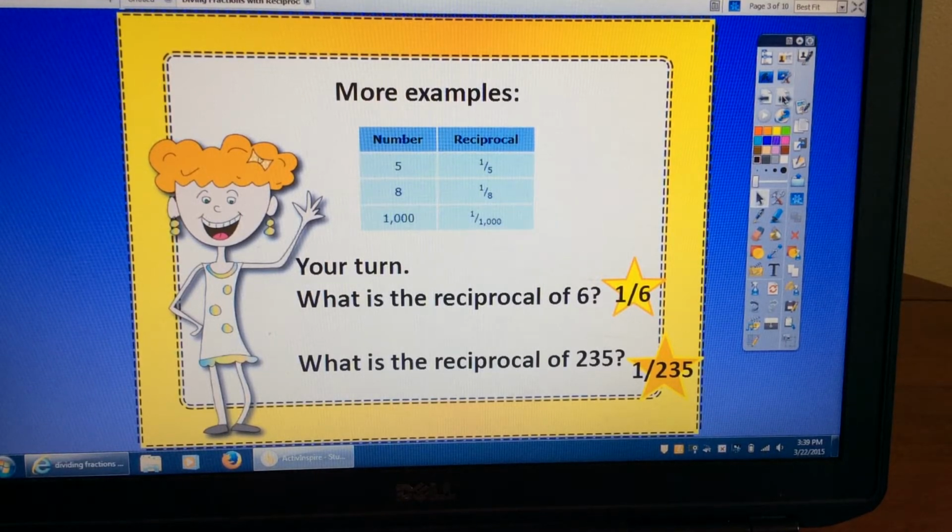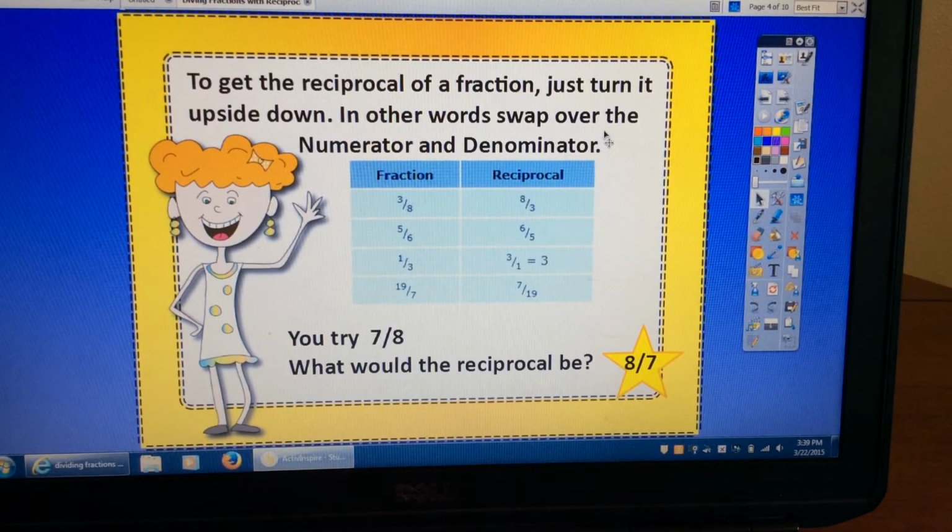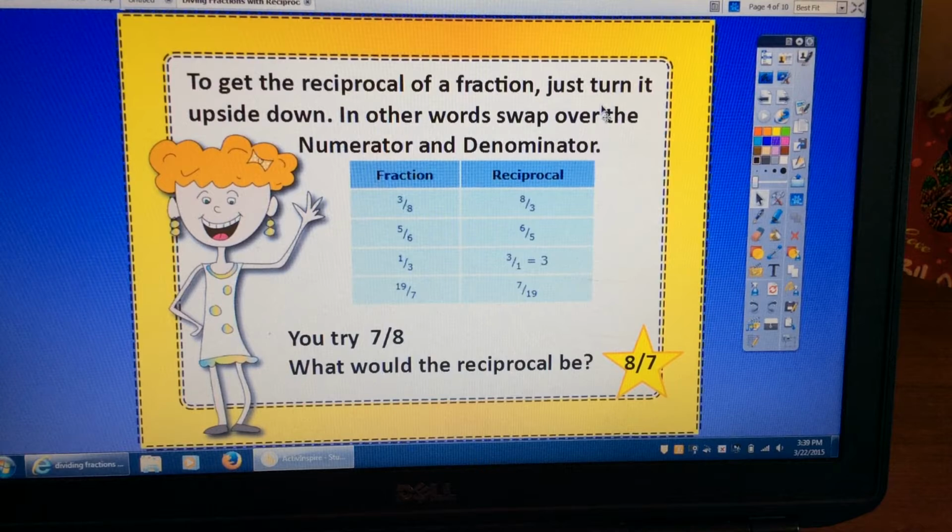So now if we want to get the reciprocal of a fraction, it's the same thing except you're just turning it upside down. In other words, swap the numerator and the denominator. So you have the fraction 3/8, and we're going to flip it or swap it, and you're going to have 8/3.